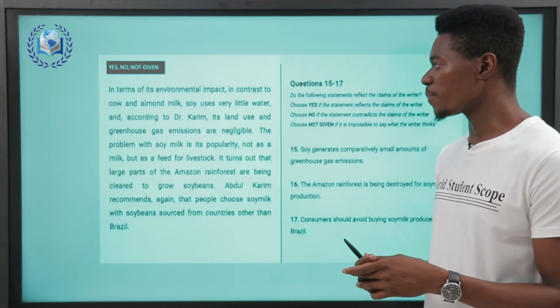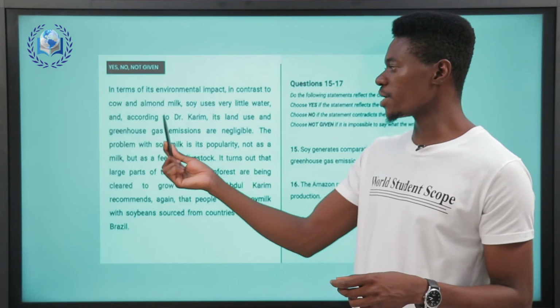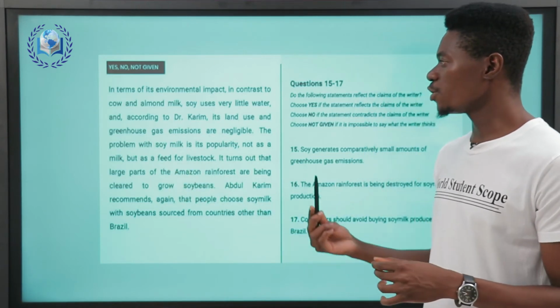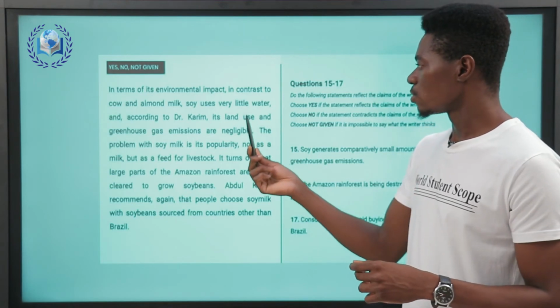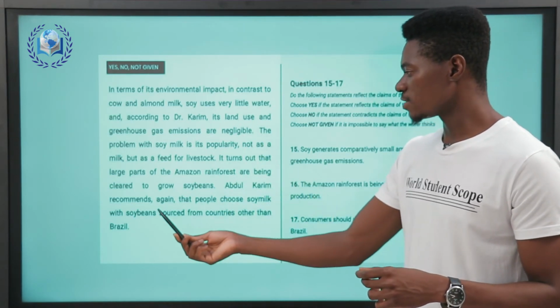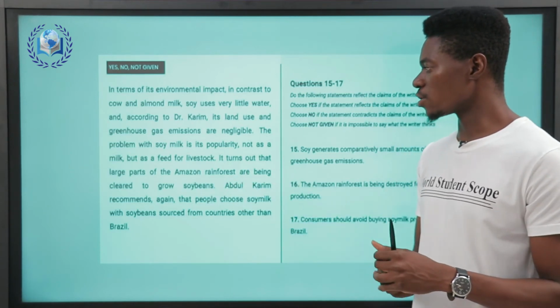If you look at the passage, you can find greenhouse gas emission here, okay? And if you try to check out soy, you will find soybeans over here. Soy milk is here also.